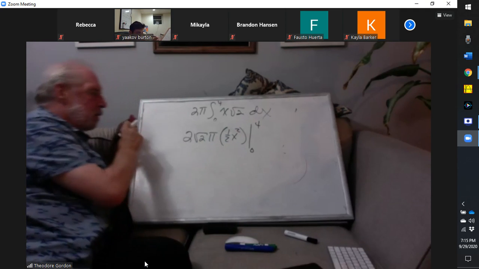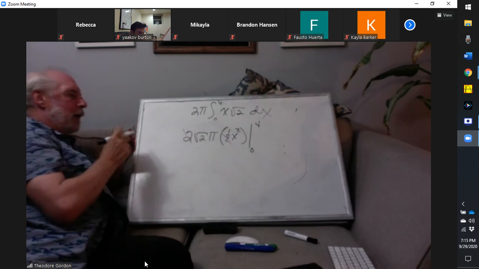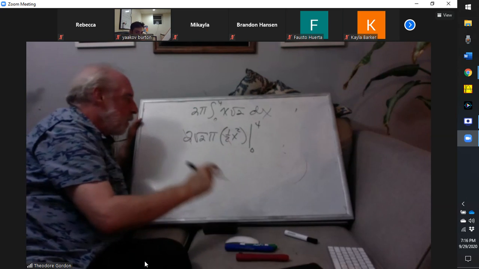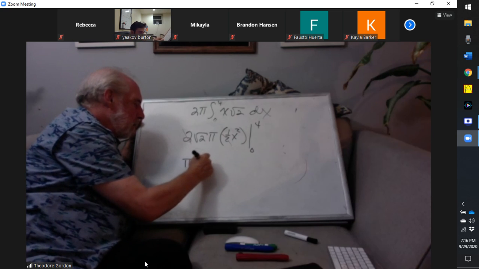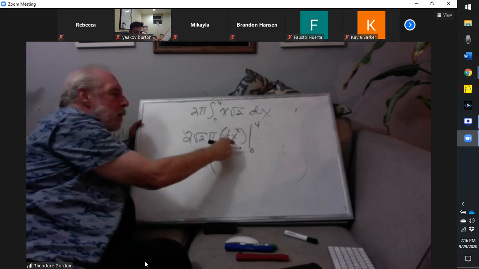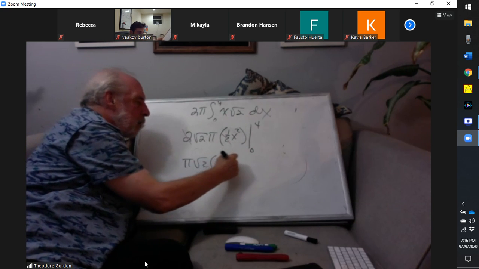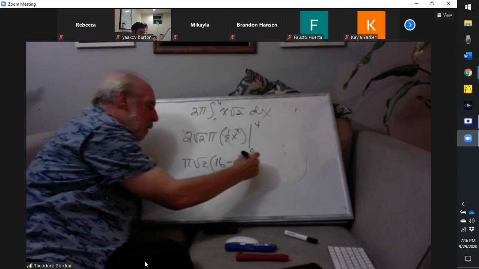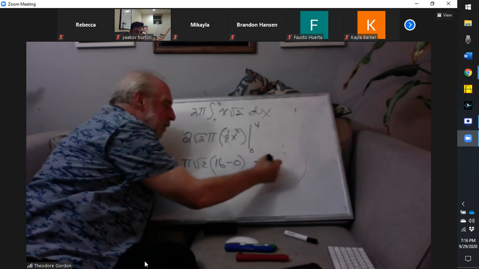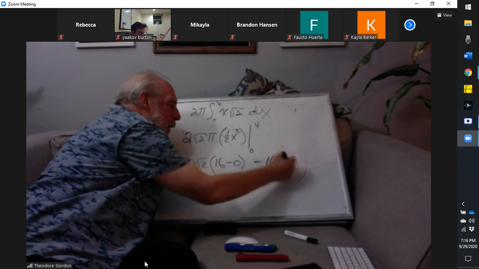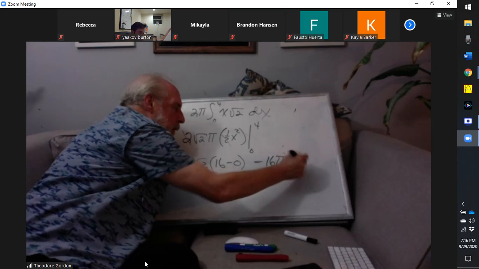But first, this 2 and this 2 cancel out. So what we get is pi times the square root of 2. We put 4 in here. 4 squared is 16. We put 0 in here, and we get 0 squared, which is 0. And our final answer is 16 pi times the square root of 2.